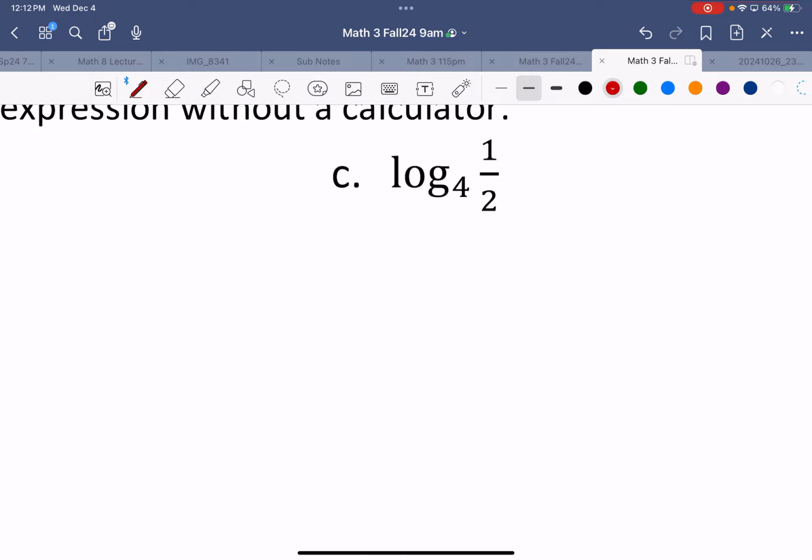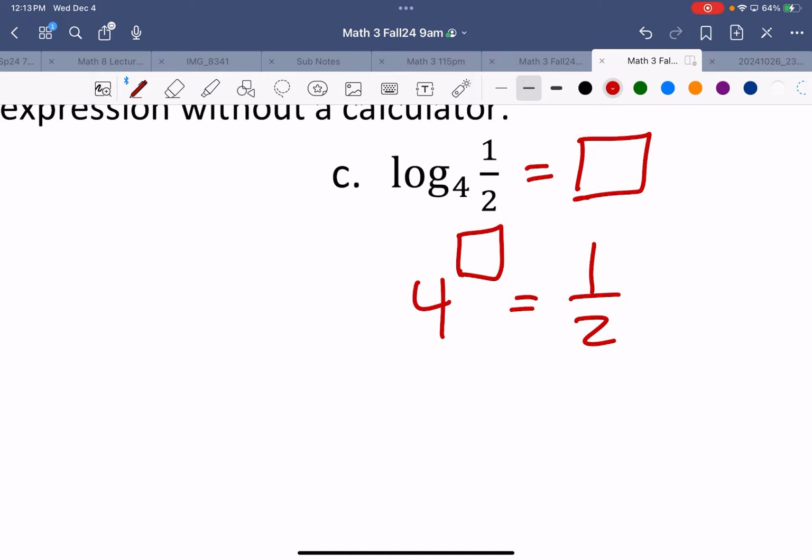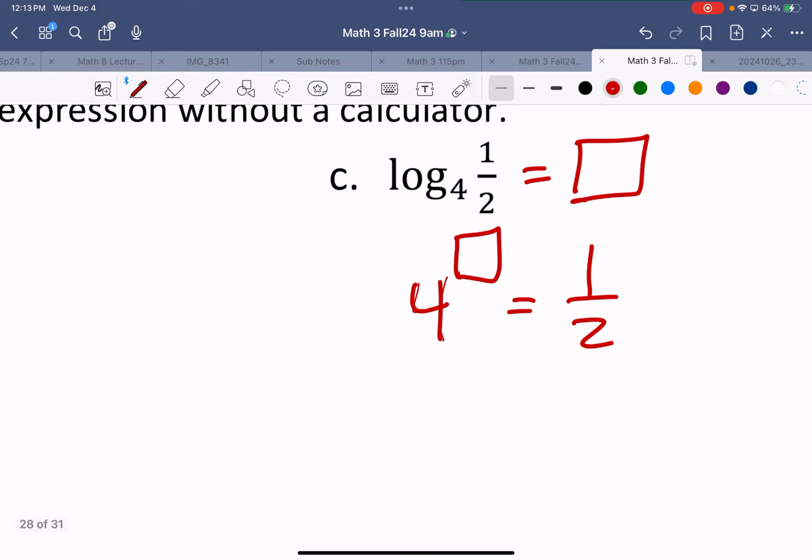Now this one's tricky because there's nothing matching, right? So maybe for this one, I do want to resort to rewriting it as what power do I need to get 1/2? That's tricky because I know how to get 4 to become a 2 with a square root, right? 1/2 becomes a square root.